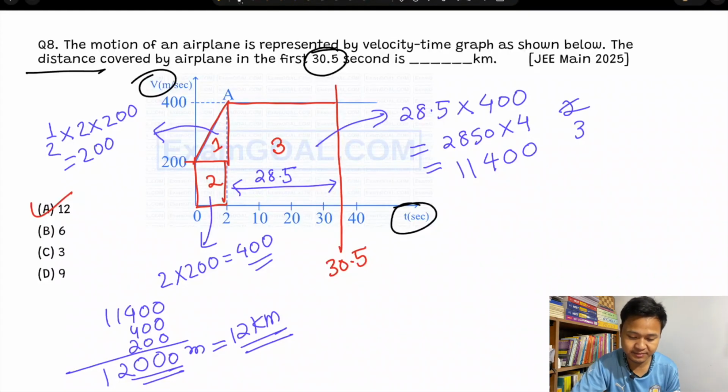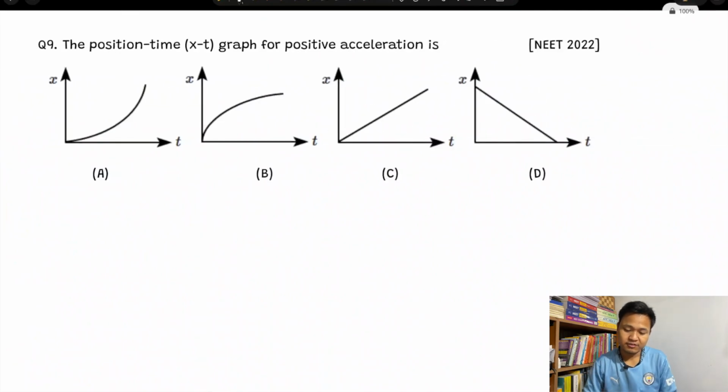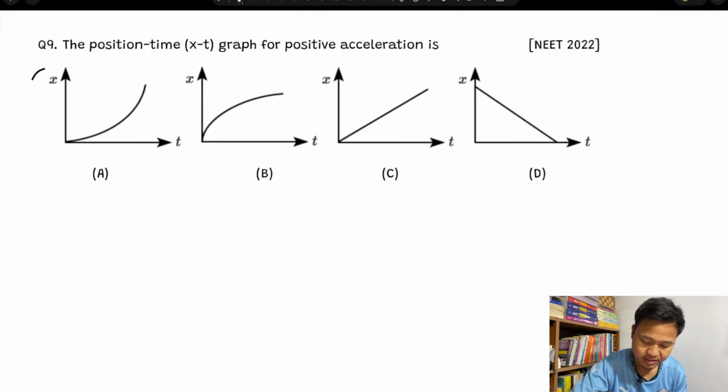Okay, so next. Now you're given an x versus t graph, and they ask you about acceleration. Here you have to use your mind a little bit.